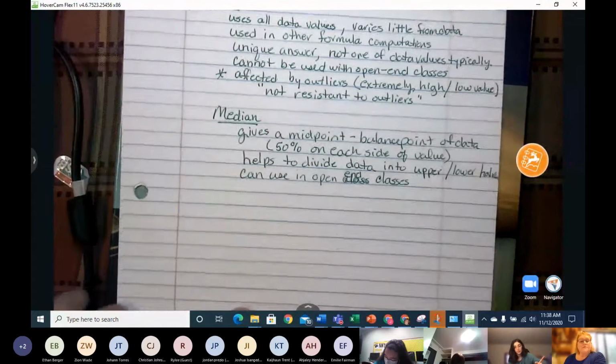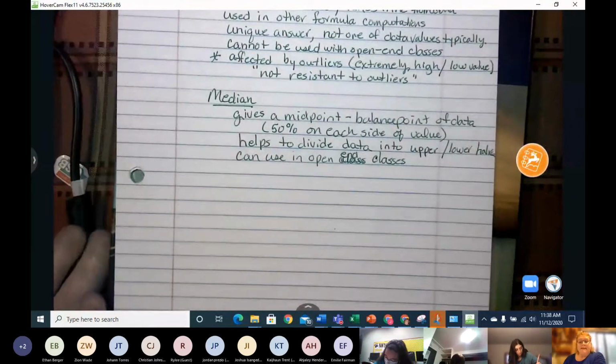You can use a median in an open-end class.